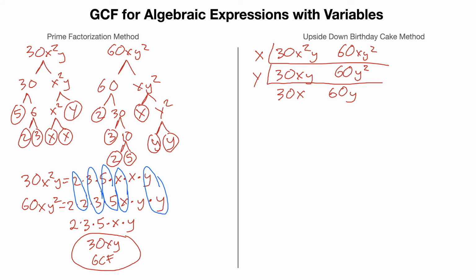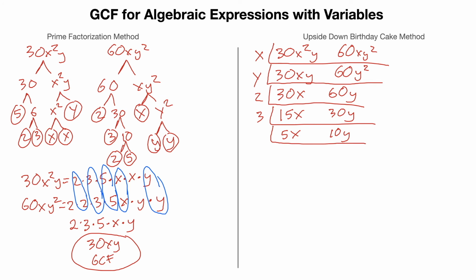Now, there's no more variables that they have in common, so I'm going to have to just start taking out numbers. So I'll take out 2, which gives me 15x and 30y. I'll take out a 3, which leaves us with 5x and 10y. And then we'll take out a 5, which leaves us with x and 2y. Again, we just loop the numbers on the left-hand side.